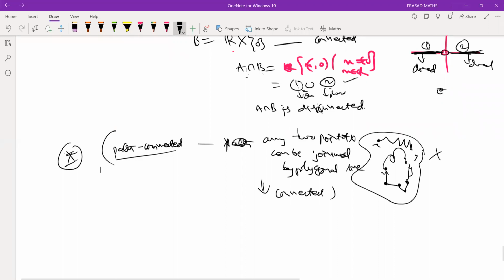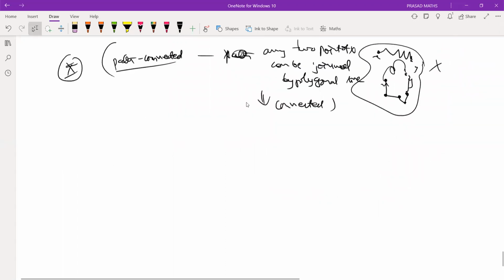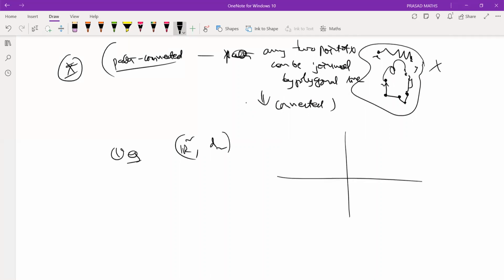Suppose you take this example, R2 with respect to the usual metric d2, and suppose my set is the x-axis. Is it connected? The answer is yes, because you give me 2 points, they can be joined by a line segment that is entirely in the set.